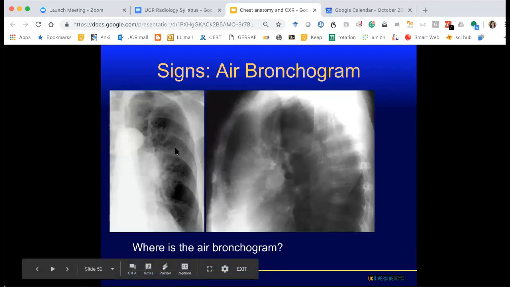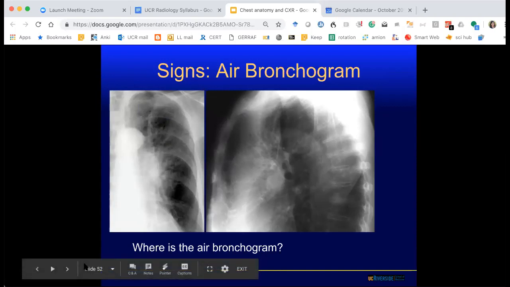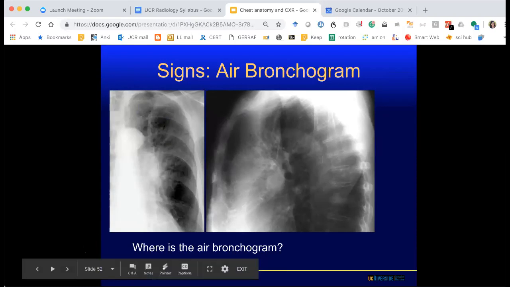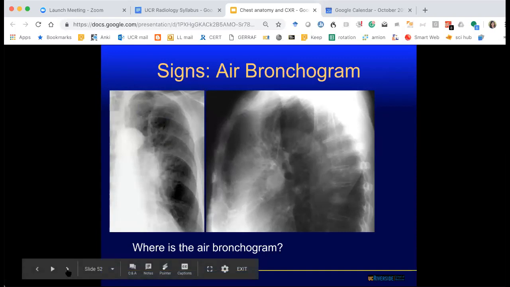Here we see, what do you see here? Where is the air bronchogram? Is this normal? No. What's abnormal about it? The top, yeah. So here you see these air bronchograms.